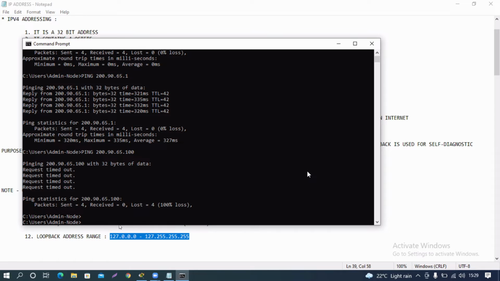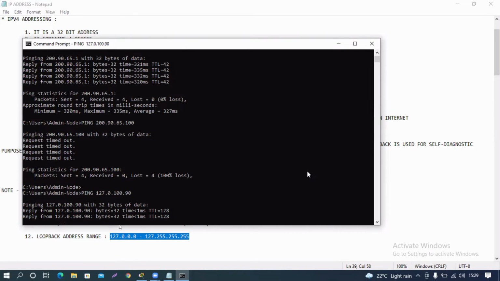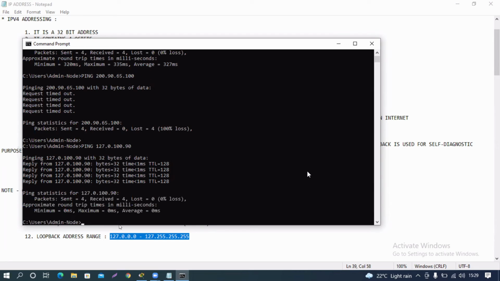Even if I type any address like 127.0.100.90, you can see I'm getting a reply, because the entire range from 127.0.0.0 to 127.255.255.255 is used for this type of purpose.